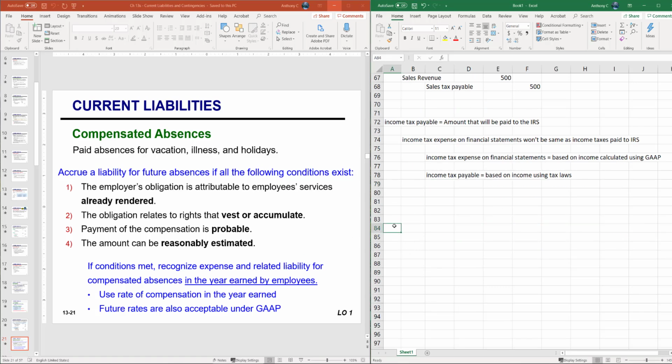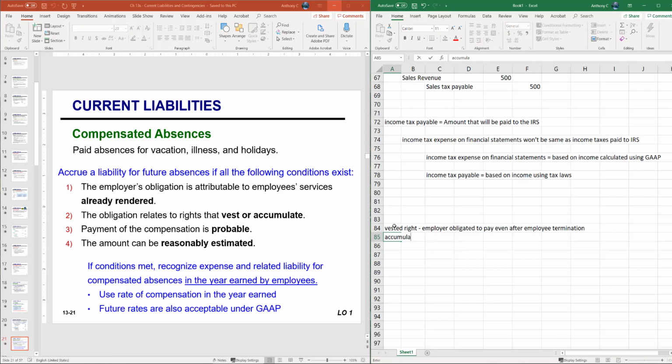The second condition says that the rights need to vest or accumulate. So all that means is a vested right means that the employer is still obligated to pay us for it, even if, for example, we're fired or we're terminated. So the employer is obligated to pay even after employee termination. Right?